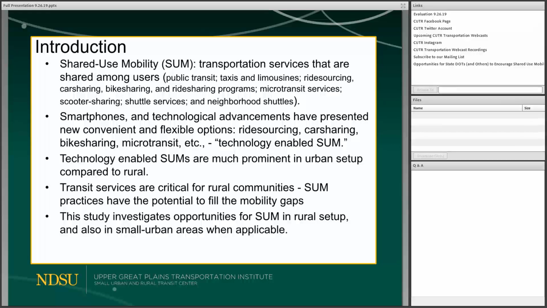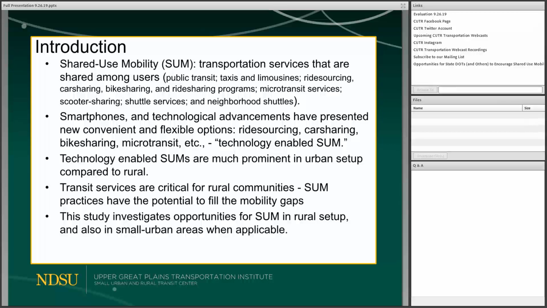Well, smartphone and technological advancements have presented a new set of convenient and affordable mobility solutions such as ride sourcing, car sharing, bike sharing, and microtransit services. These are also called technology-enabled shared use mobility services. And Americans have embraced these new mobility solutions that have transformed the transportation landscape in places both large and small.